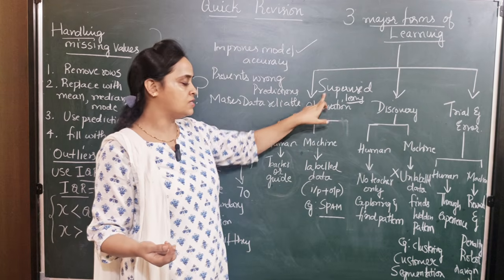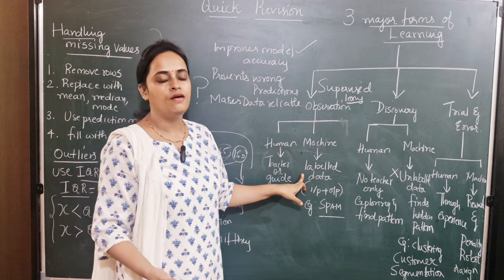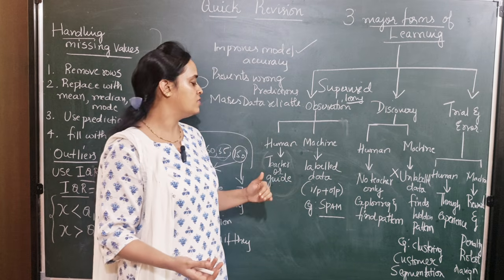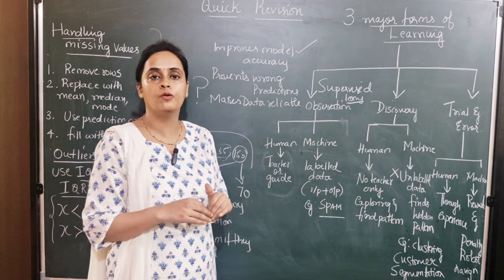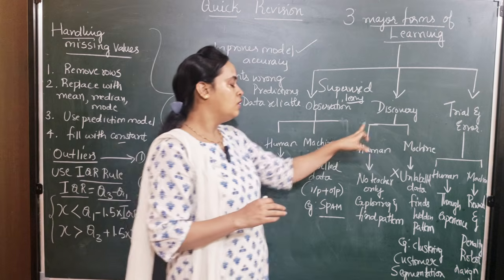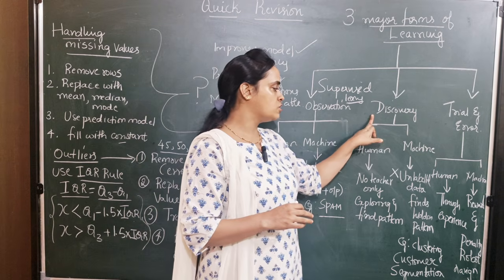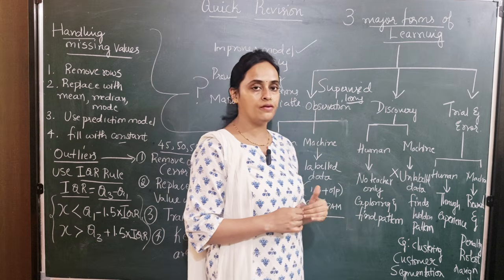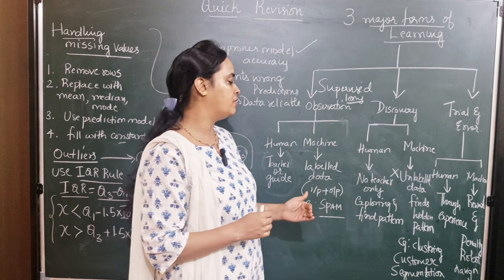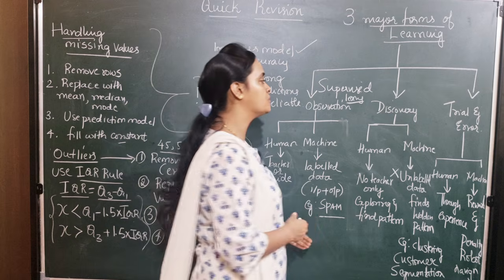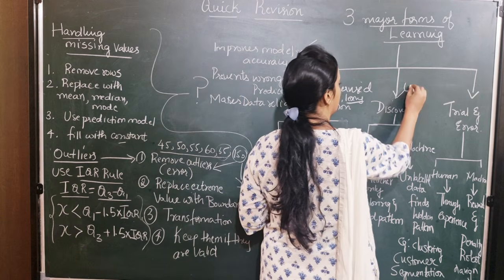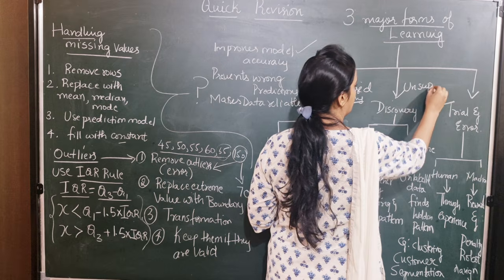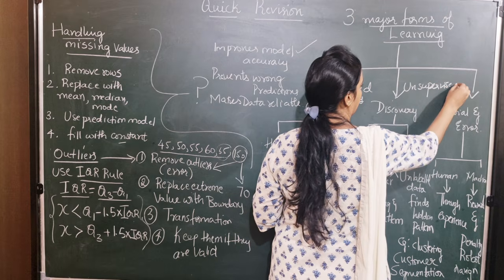Supervised learning means learning through labeled data, where the observed data has clear input and output pairs. Learning through discovery, that is, there is unlabeled data, the machine finds the pattern and learns by exploring it. Example, customer segmentation. This kind of learning is known as unsupervised learning.